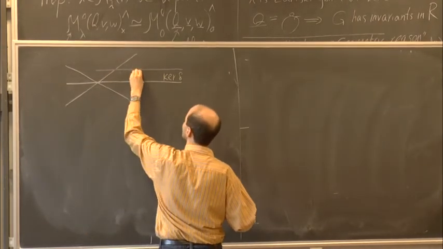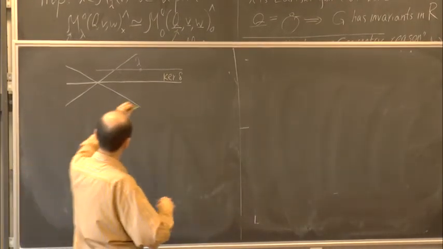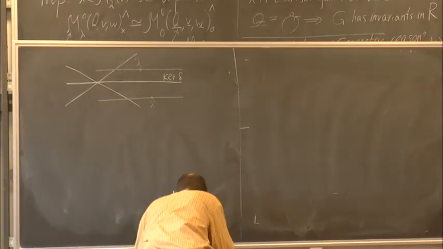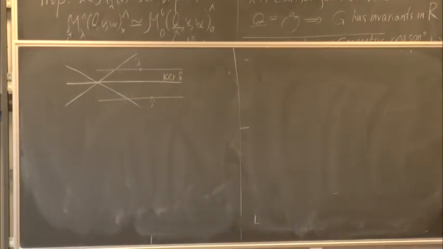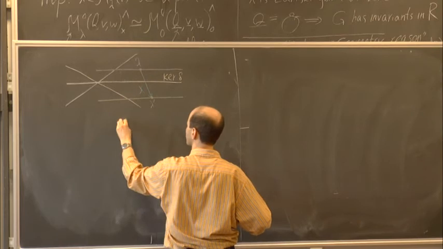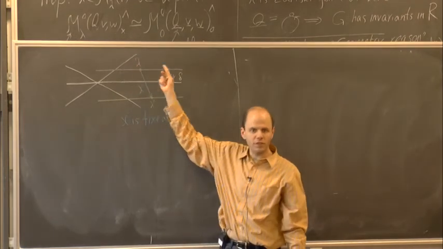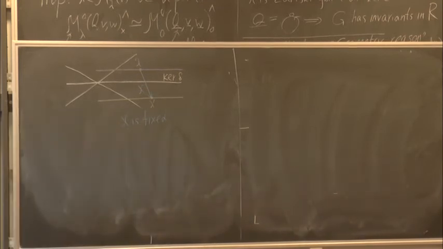So here I have lambda, and here I have lambda prime. And I have a fixed difference chi. Chi is fixed. But now I can start to move this lambda along this line. And if I move it by an integer, nothing changes. The category stays the same.